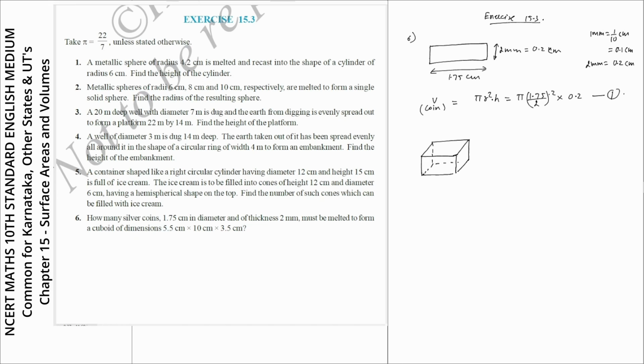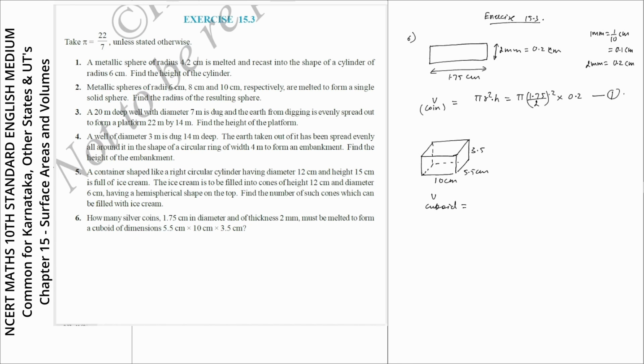Now many coins are melted and they are converted into a cuboid, and the dimension of the cuboid is length 10 centimeter, breadth 5.5 centimeter, and height 3.5 centimeter. Now what is the volume of this cuboid?